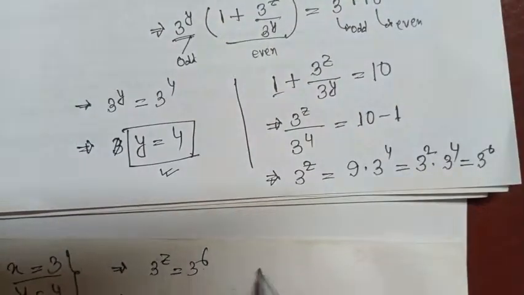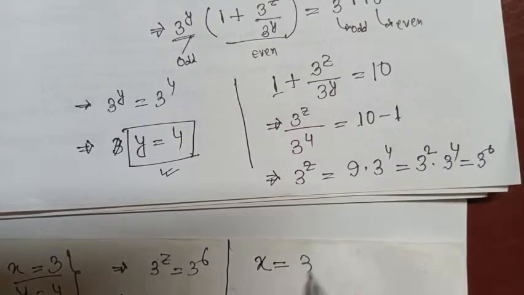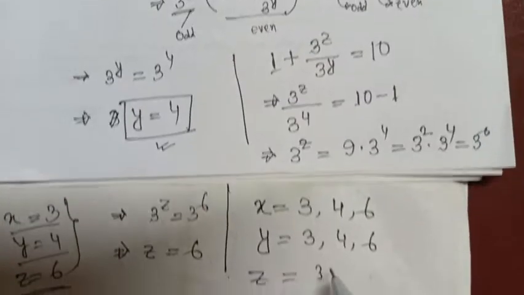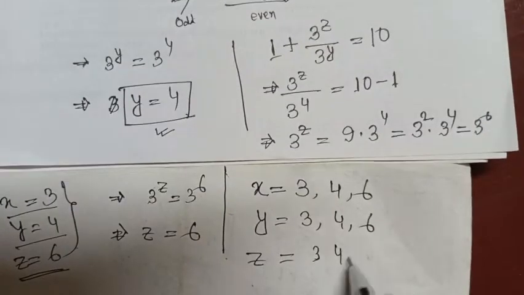So after that we may get the value of x is equal to maybe 3 or 4 or 6, then y may be 3 or 4 or 6, or z may be 3 or 4 or 6.